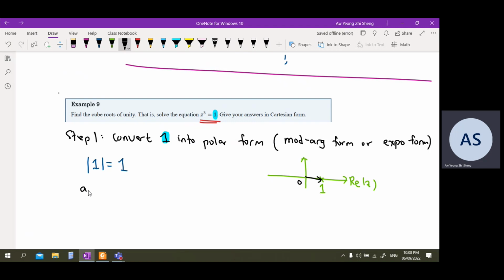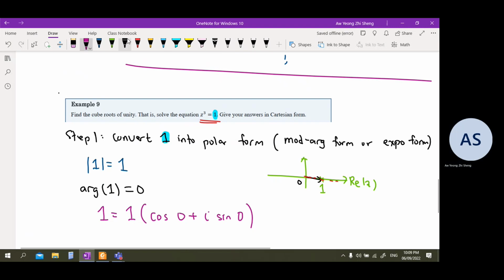And the argument of the number 1 must be 0, because there is a 0 angle between the positive real direction and the vector in the diagram. That also means we can write 1 as r (cos theta plus i sin theta). Here I'm using modulus-argument form, which means you write the complex number as r (cos theta plus i sin theta).